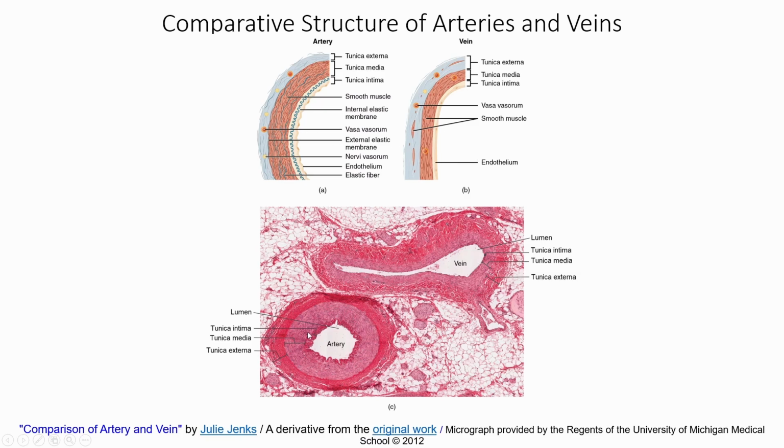You can see a very round, very thick muscle layer in that artery compared to the vein. The main thing you notice with the vein is the tunica externa, whereas in the artery, the tunica media is really what stands out.